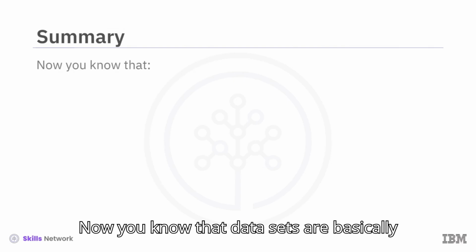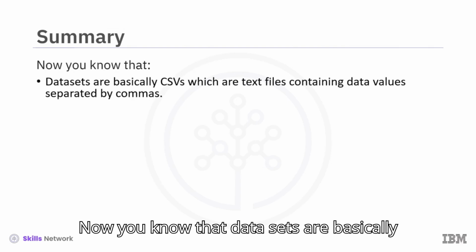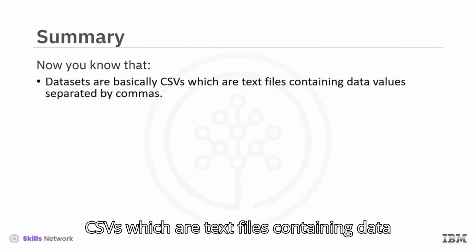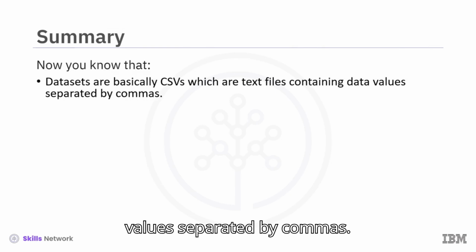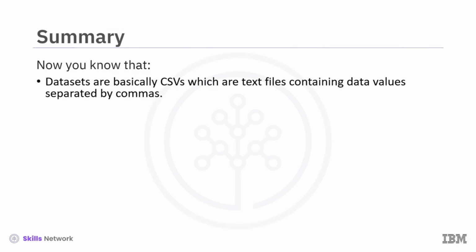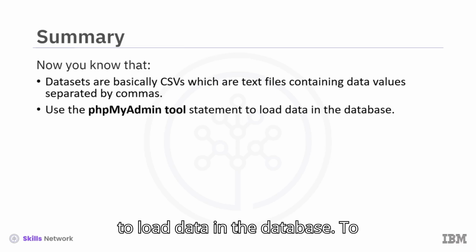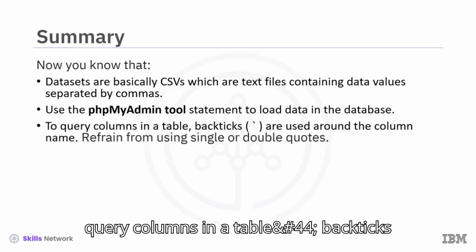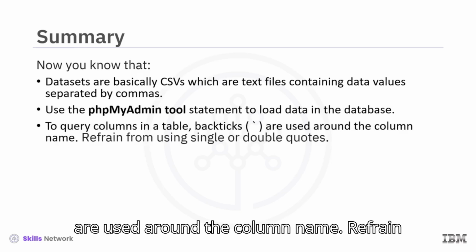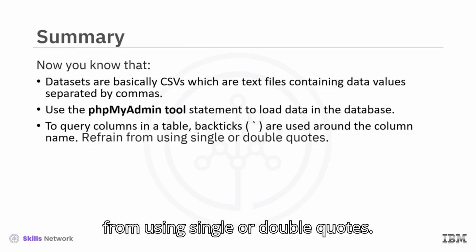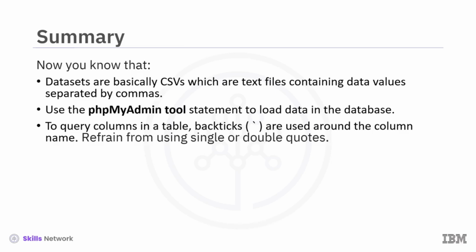Now you know that datasets are basically CSVs, which are text files containing data values separated by commas. Use the phpMyAdmin tool to load data in the database. To query columns in a table, backticks are used around the column name. Refrain from using single or double quotes.